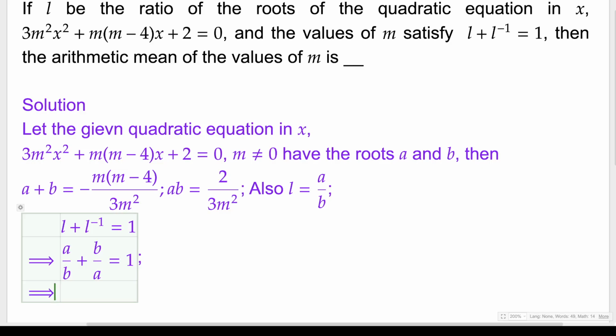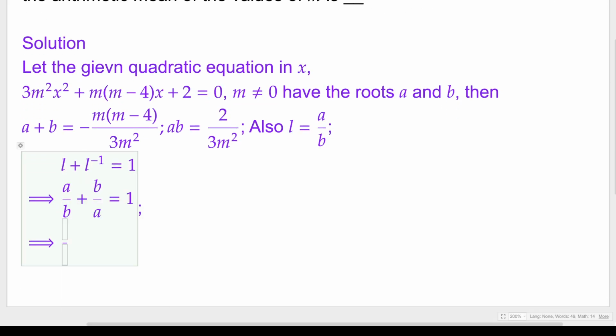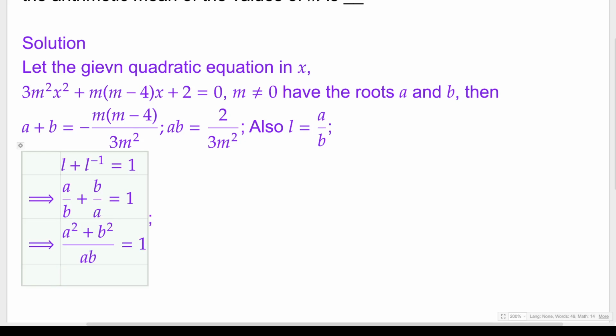On resolving this, the denominator will be ab and the numerator will be a² + b², which is equal to 1. From this we can write a² + b² = ab.